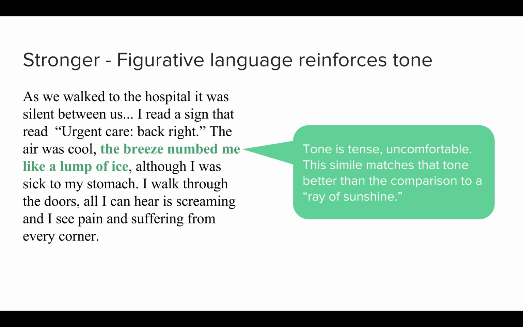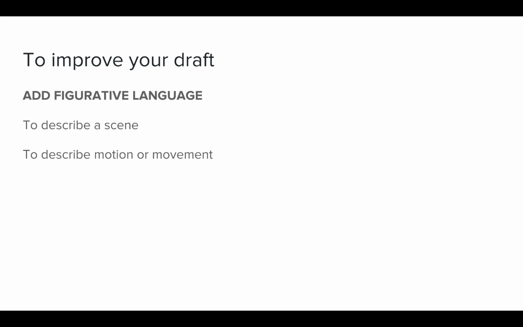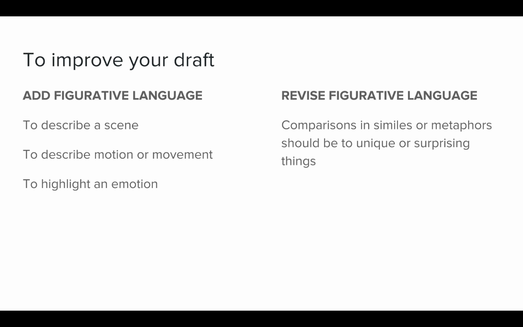To improve your draft, there's a few things you can do. You can work on adding figurative language. Remember that you can use that to describe a scene, to describe motion or movement, or to highlight an emotion. You can also revise the figurative language that you already have to make it stronger.